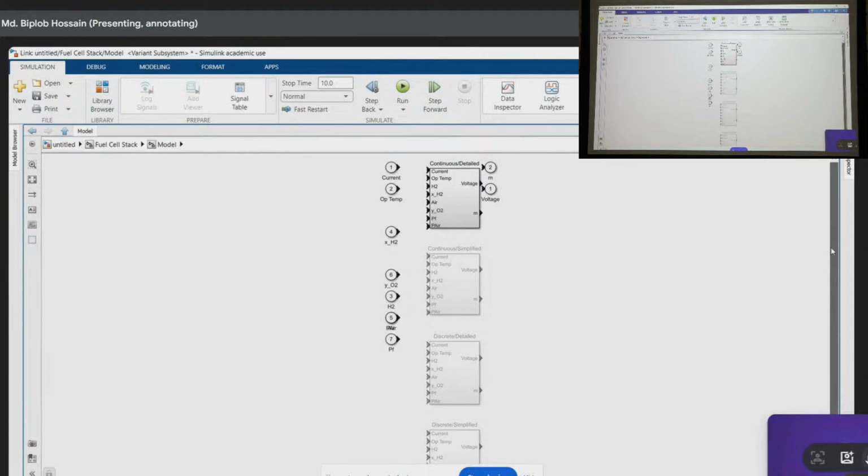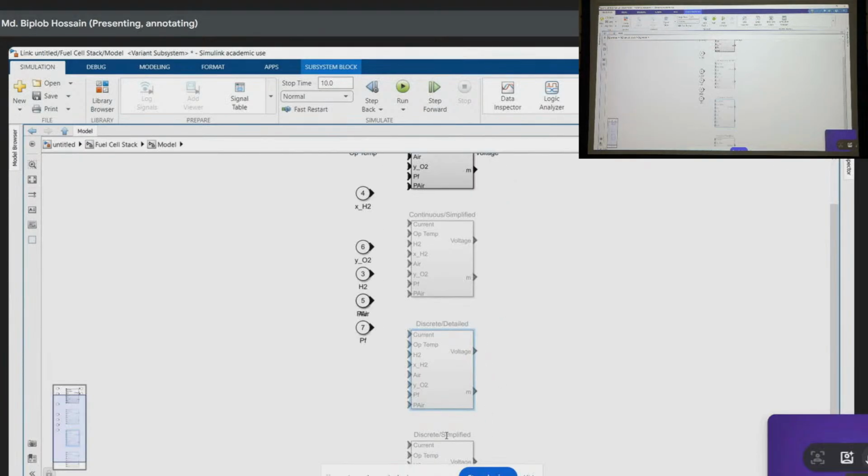If we use continuous detail, then it automatically selects this block. There are a lot of blocks they have created, based on the Power GUI selection option. If we are using continuous simplified, then it should only use this block. Like this, discrete detail this way, and discrete simplified.